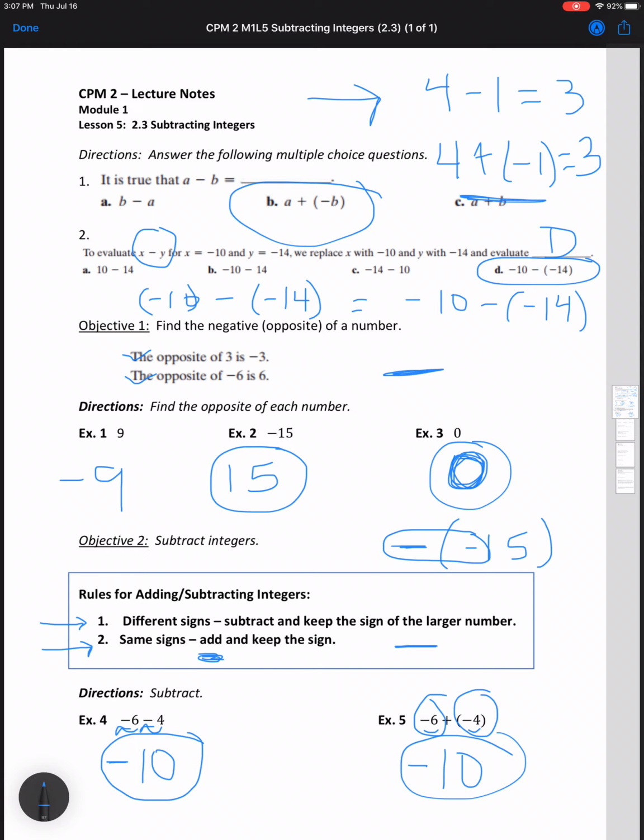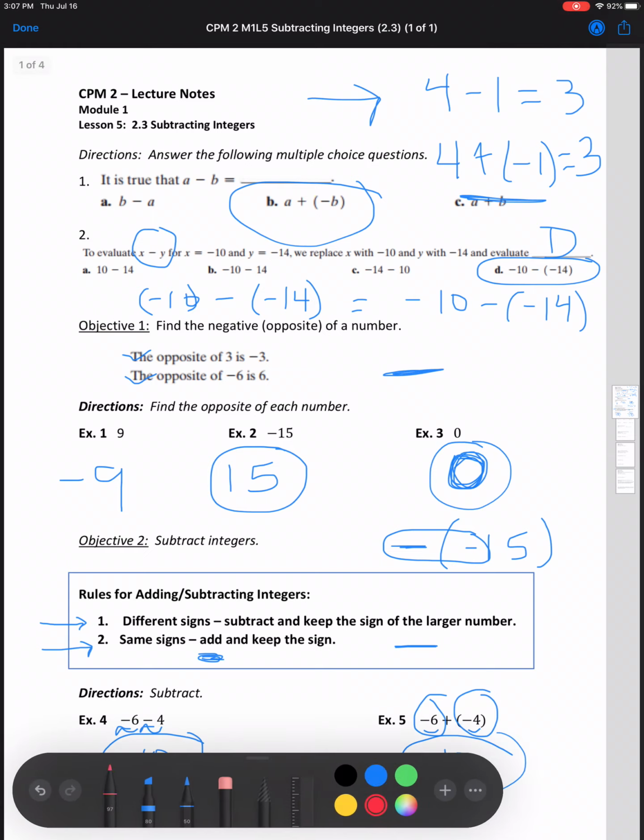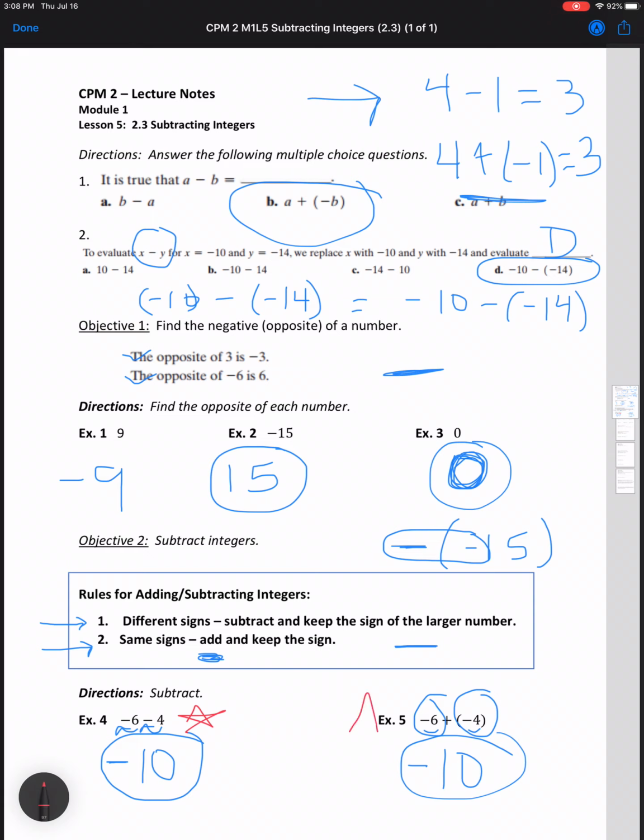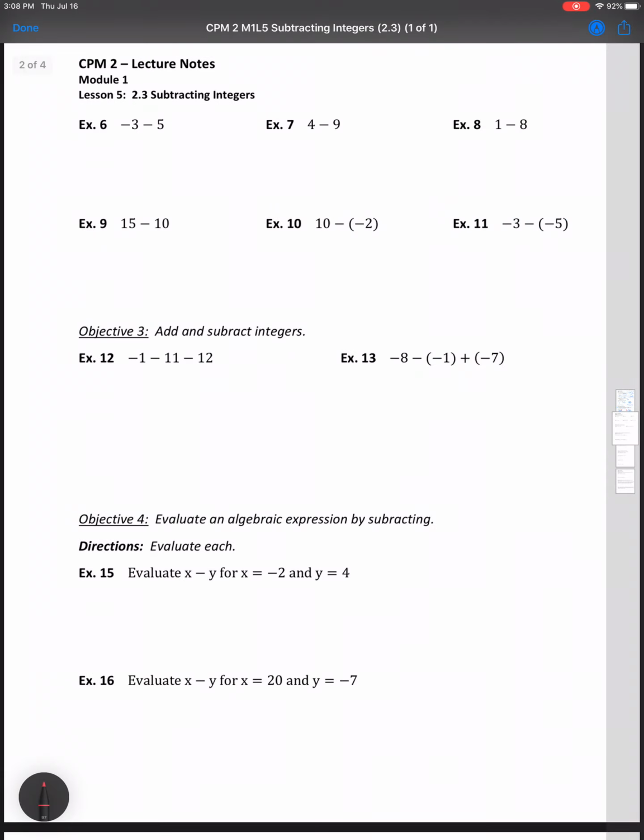What I want you to realize is that these two problems are really the same thing. When we subtract, it's the same thing as adding a negative, just like that very first fill-in-the-blank problem we did. Okay? So if you can just learn to get over that, it'll help you as we go through this.